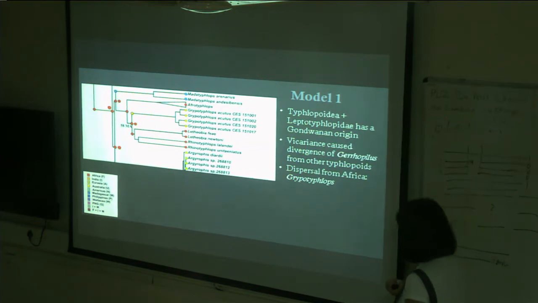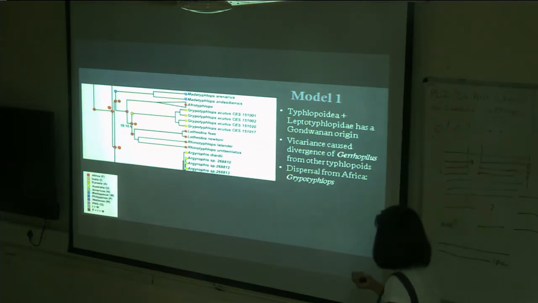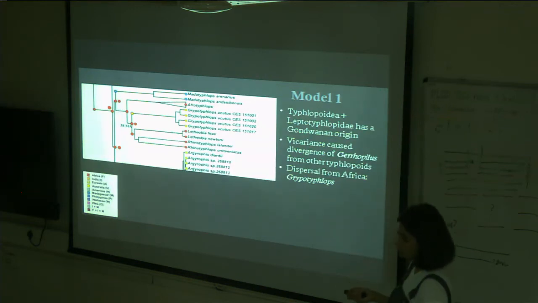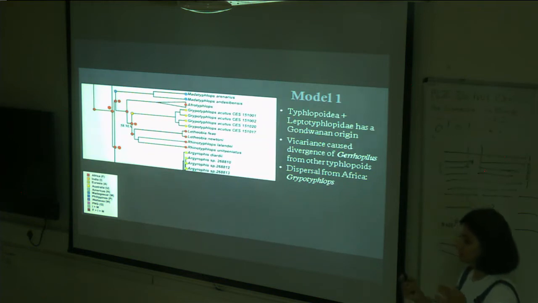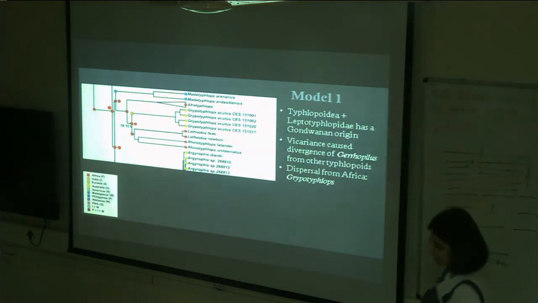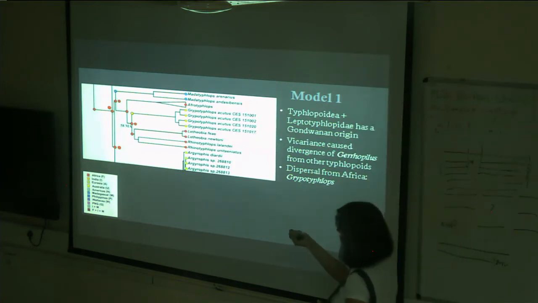But for the other lineages, it shows a very clear dispersal from another landmass. So Grypotyphlops, as I mentioned, was classified in the family Afrotyphlopinae based on morphology and molecular data, and it shows that it actually dispersed from Africa around 58 million years ago.